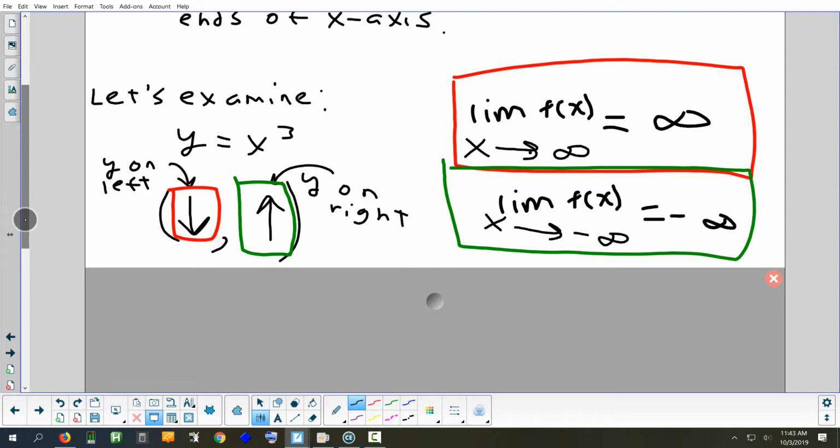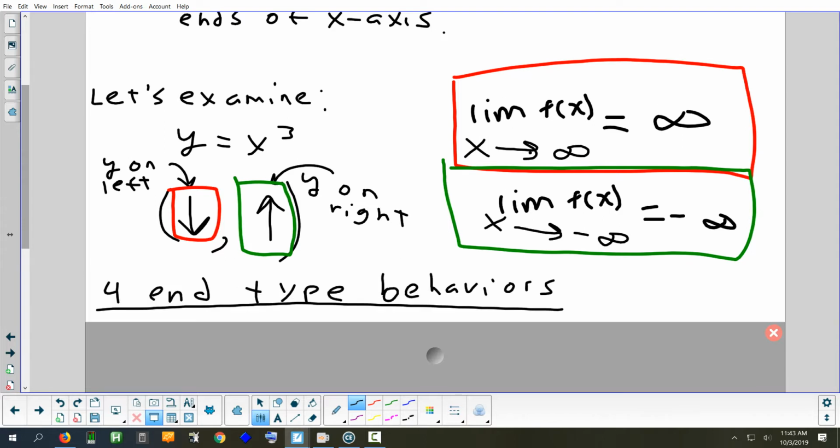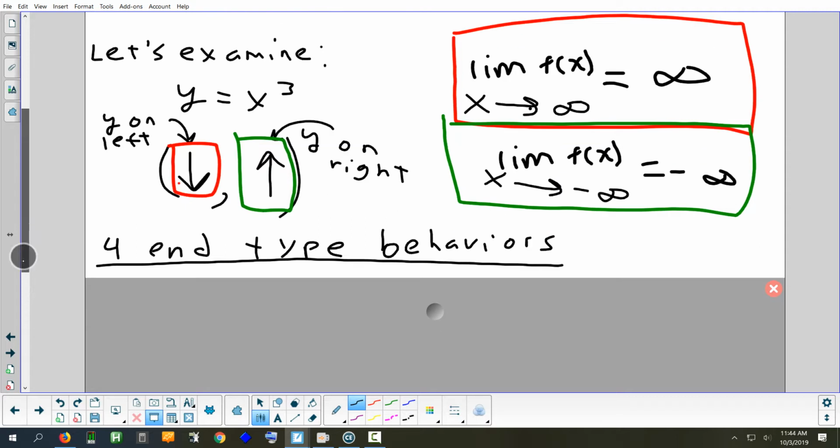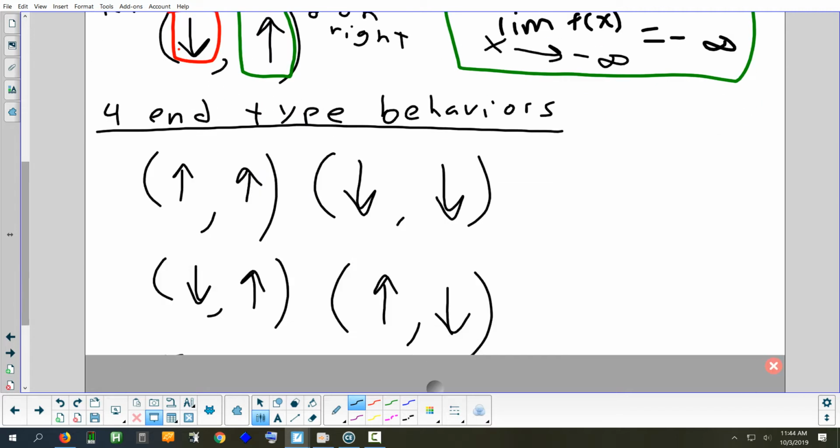So there are four types of end behaviors. You can have down, up. What else do you think you can have besides down, up? Up, up. What else? Down, down, and then up, down. Those are the four types. I can draw a quick sketch of all of them. Up, up is like your basic parabola.